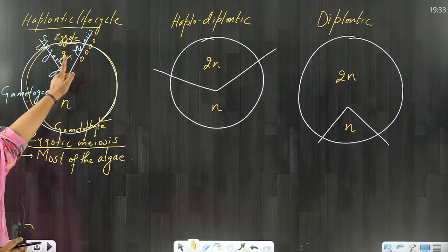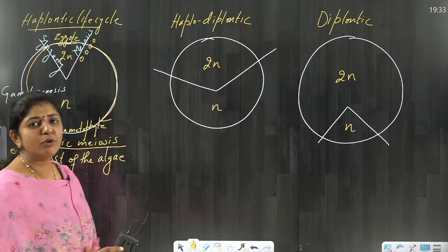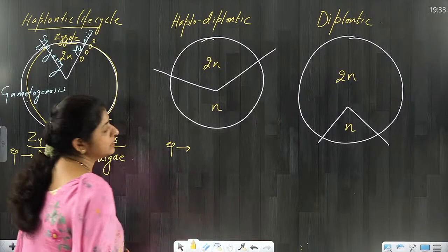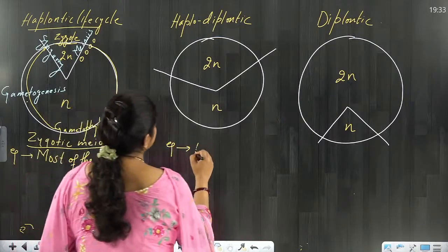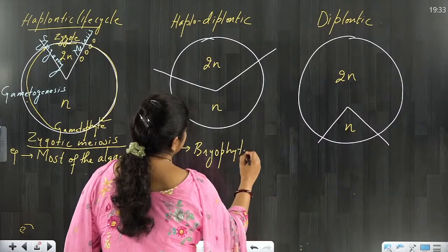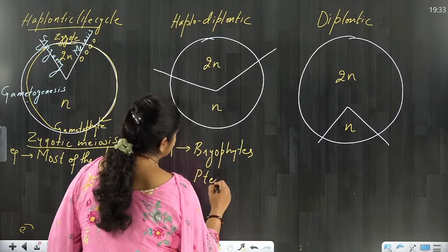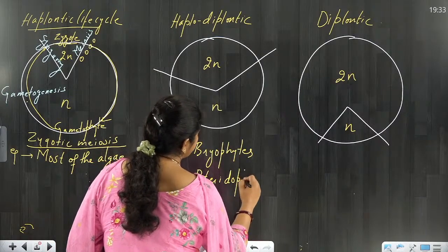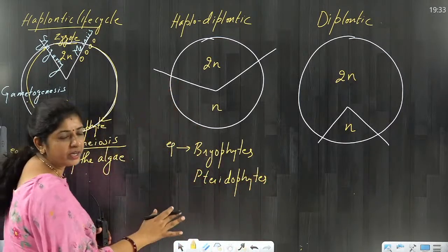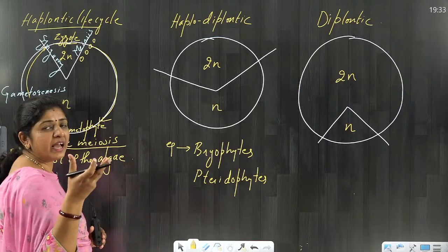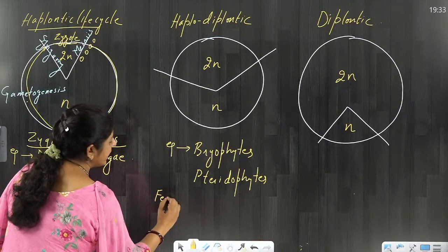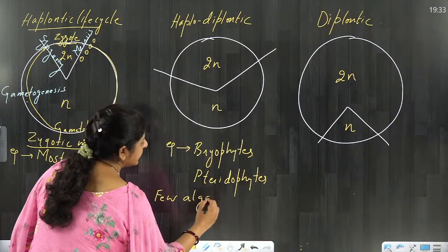Haplontic life cycle. And next is the haplodiplontic life cycle, which happens in examples like the Bryophytes, Pteridophytes, and there are some exceptions among the algae which show haplodiplontic. What are those? To learn those examples, I am giving you one mnemonic for the few algae. What will that mnemonic be?